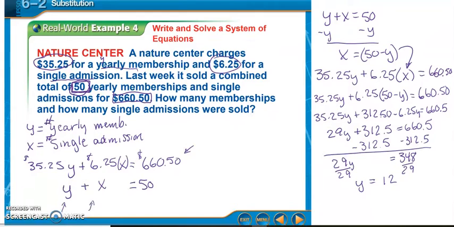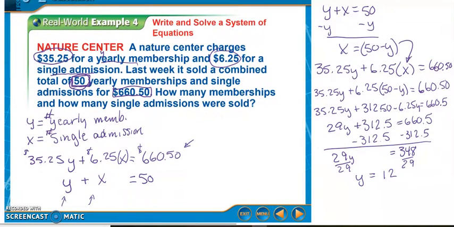Then we need to figure out how many there were of the single admission. The deal is that X plus Y equals 50, right? So instead of X plus Y, I can write 12 plus X equals 50, because I'm taking this Y and replacing it with 12. Subtract 12 from both sides, and you end up with X equals 38.